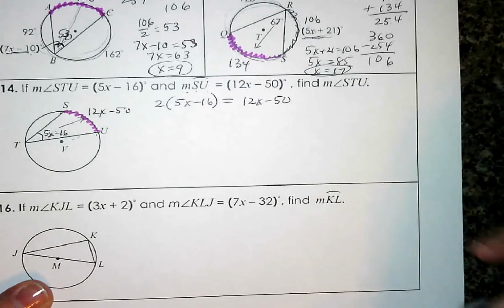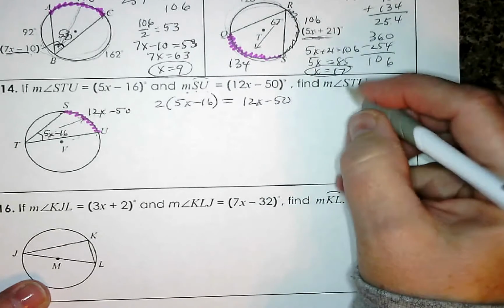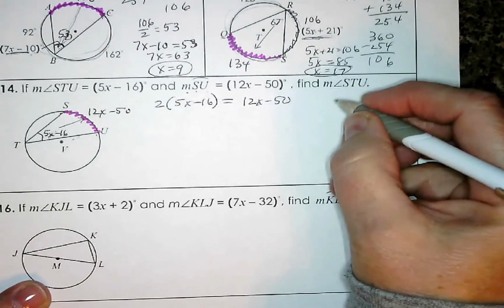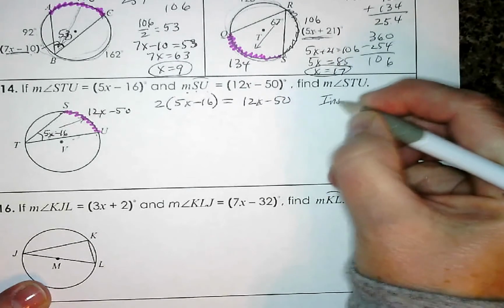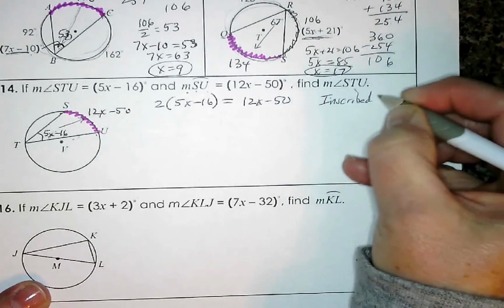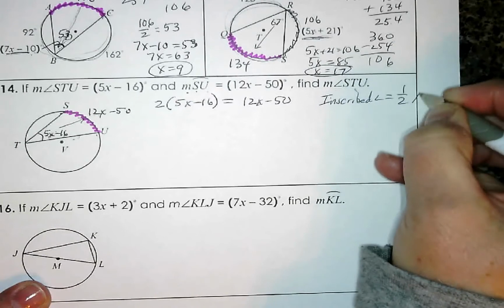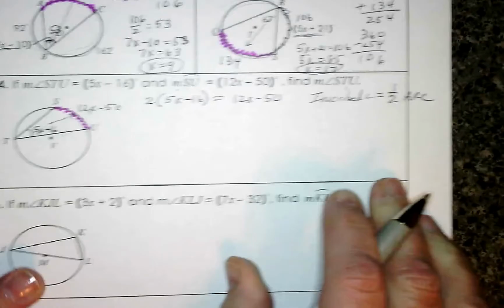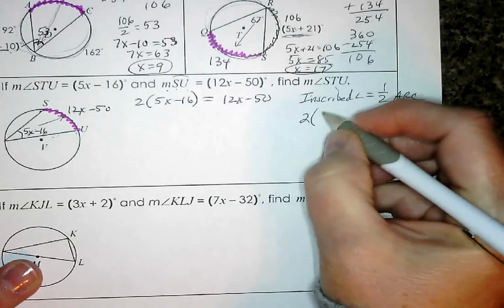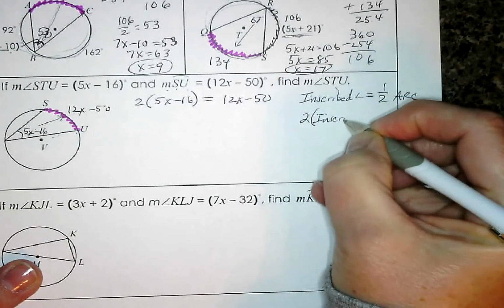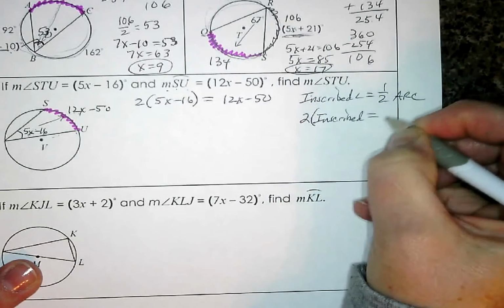Normally we say the inscribed angle equals half the arc. But we can also turn that around and say 2 times the inscribed angle equals the arc.